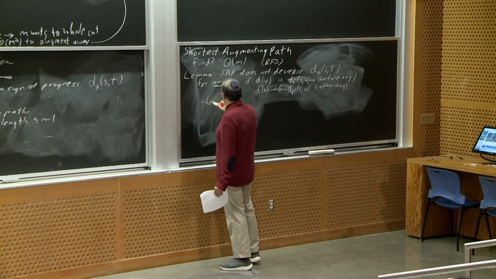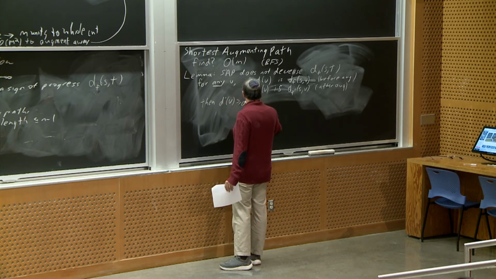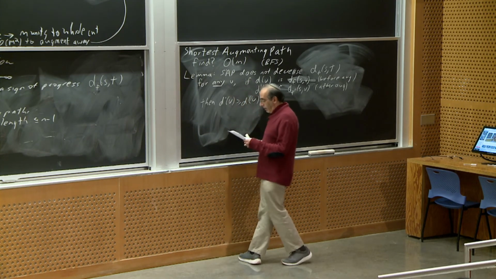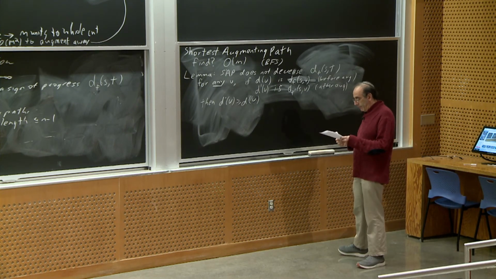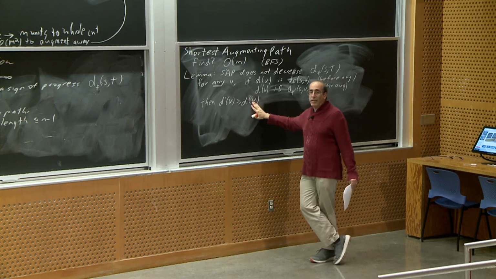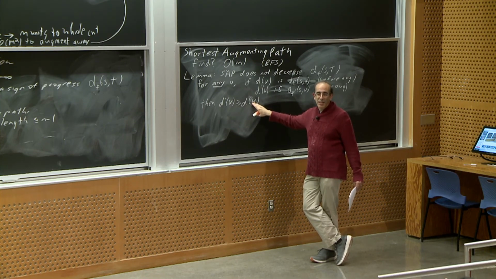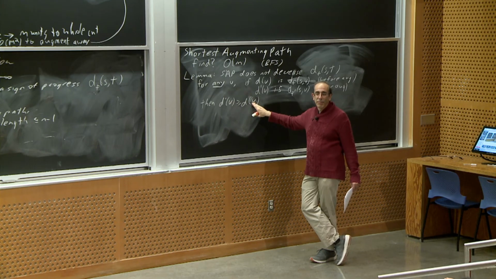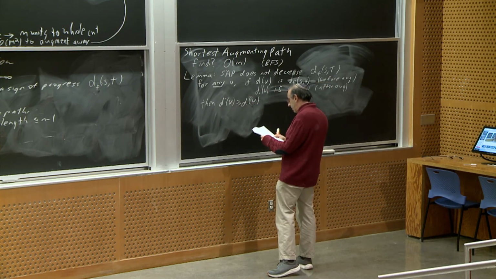Then the new distance of V is at least the old distance of V. So I'm going to show you that the distance from S to every vertex is increasing. By symmetry, you'll also find that the distance from T to every vertex is not decreasing. So everything is getting farther apart, just like in our universe.